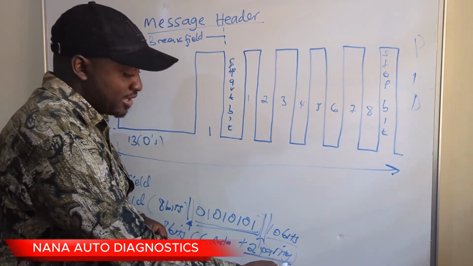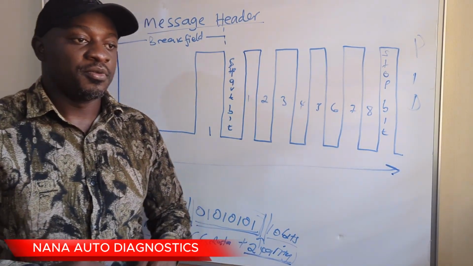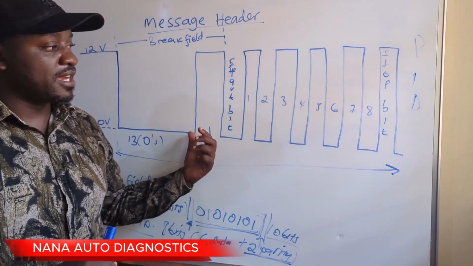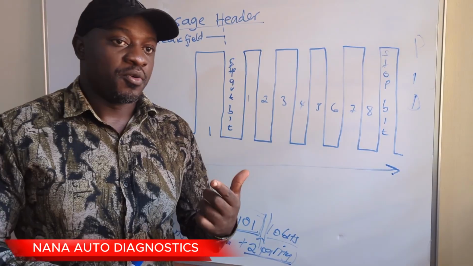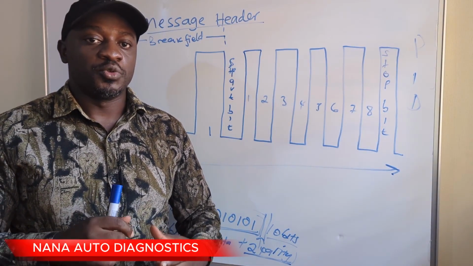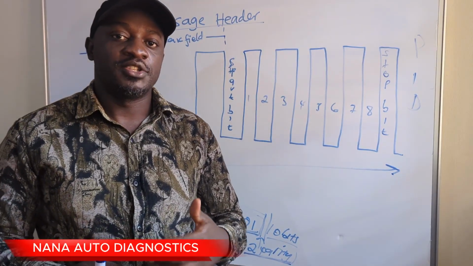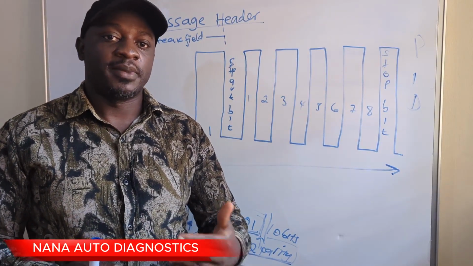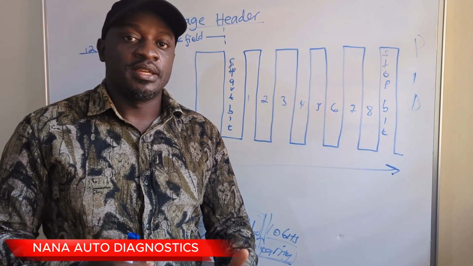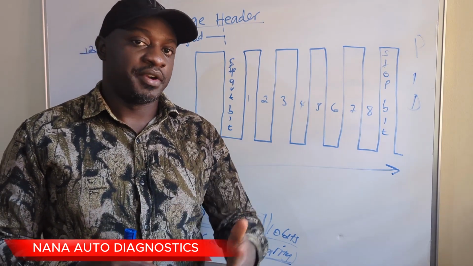And for the 2 parity bits, those ones are used for error detection. Now, as you're transmitting this data, remember it's a single wire network. It is susceptible to electrical noise. So what happens whenever these 2 parity bits do not match when that data is received by the nodes, that data will be rejected because it has been received in error.